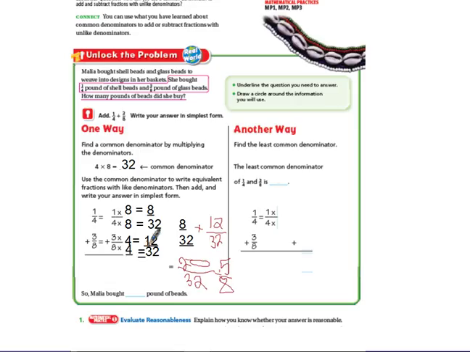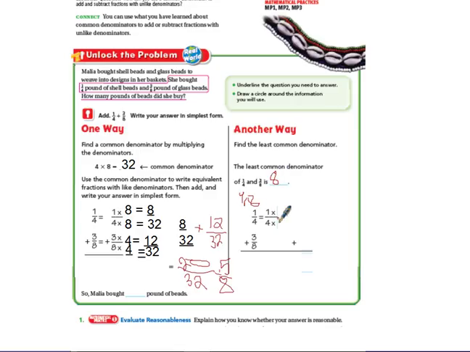So that was one way to do it, just to multiply the two denominators together, and I got a common denominator. The way I like to do it is find the least common denominator, and I see that I have a common denominator of 8 here. So my common denominator is 8.